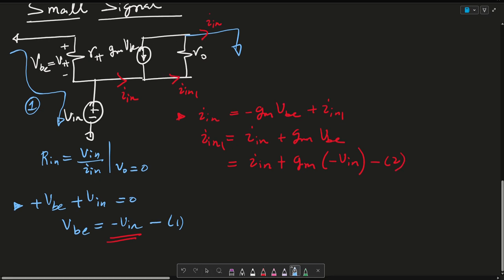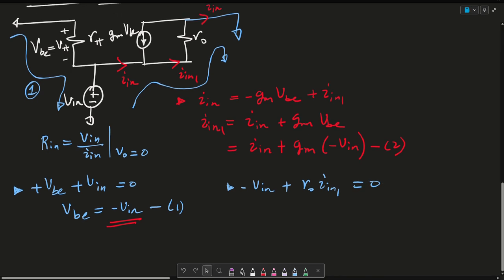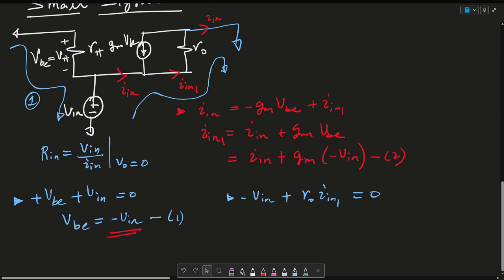So then the last equation we want to write is this loop here. Or we can take it the other way. Since this is Vin, we could take a loop here, a KVL. And I could say then that there's an equation minus Vin plus RO Iin1 has to equate to 0. Vin, I can move to the right hand side, but I'm going to write it on the left.